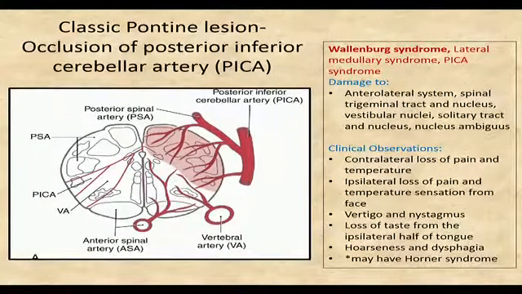Yes, there's a question. Are you always going to have symptoms, or can you have collateral circulation? You can always have anatomic variants, but these are classic lesions. You can always have lesions that are different than these, and almost always will. These are oftentimes occlusive lesions.